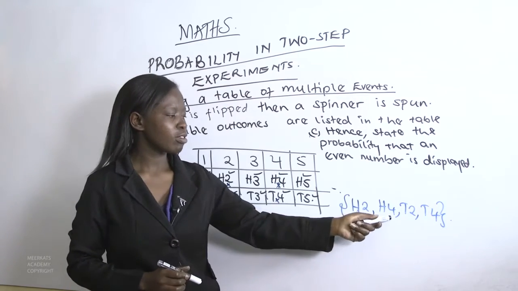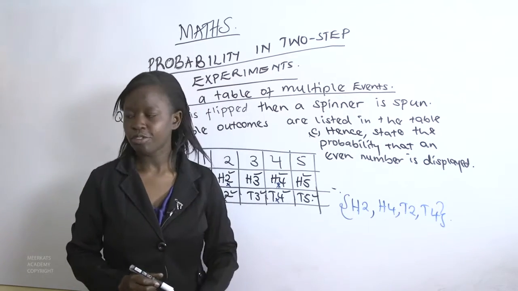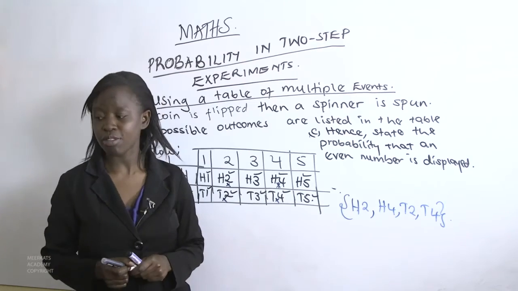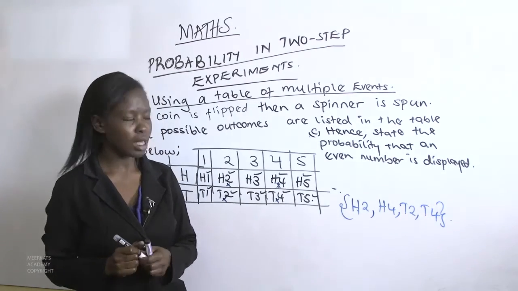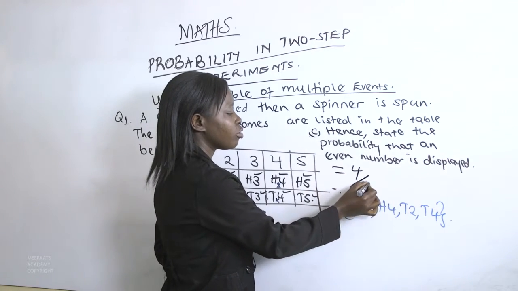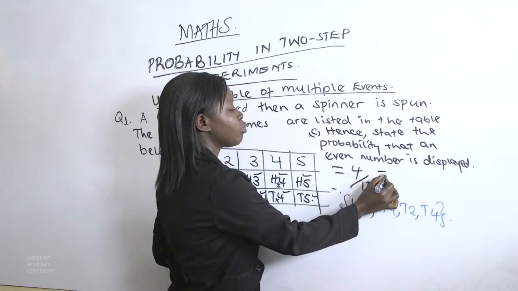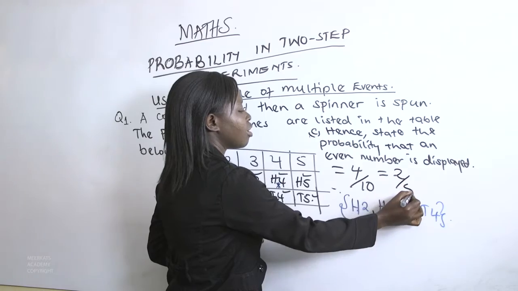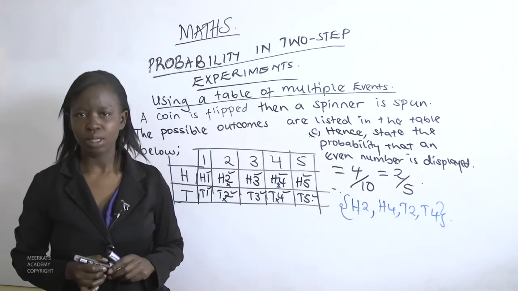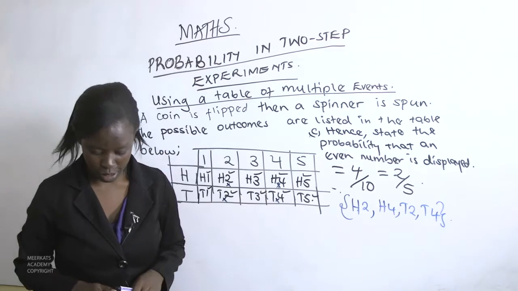Even numbers are displayed in 4 outcomes out of a total of 10 outcomes. So the number of favorable outcomes is 4, and the total number of outcomes is 10. So the probability that an even number is displayed, if I simplify my fraction, is 2 over 5.